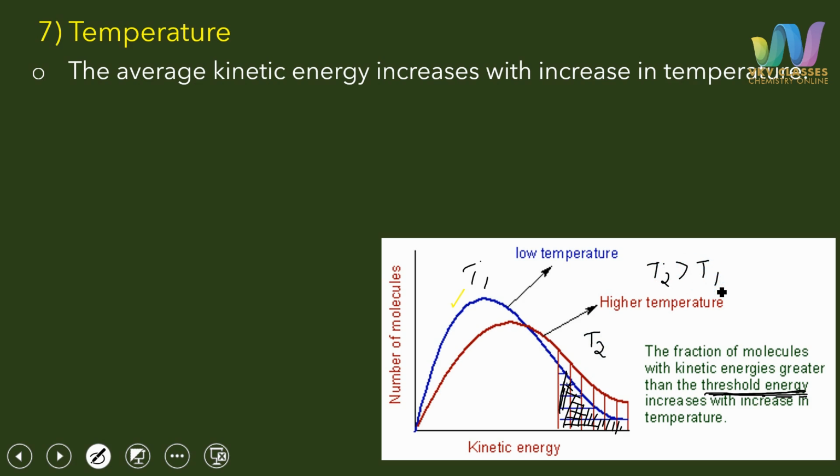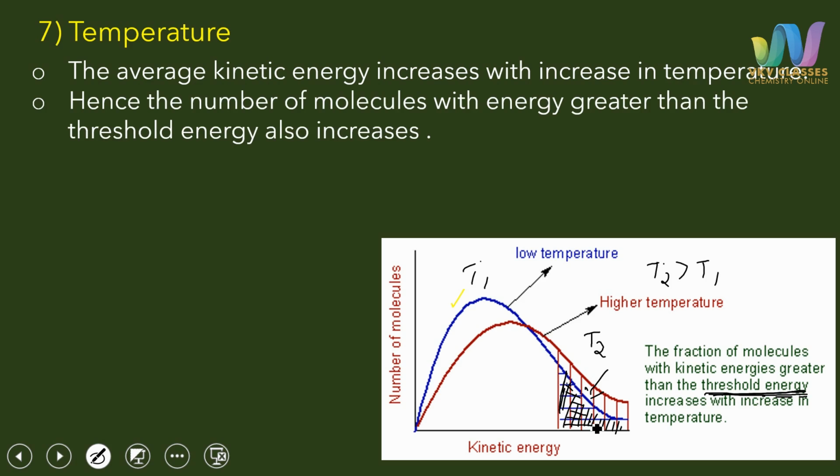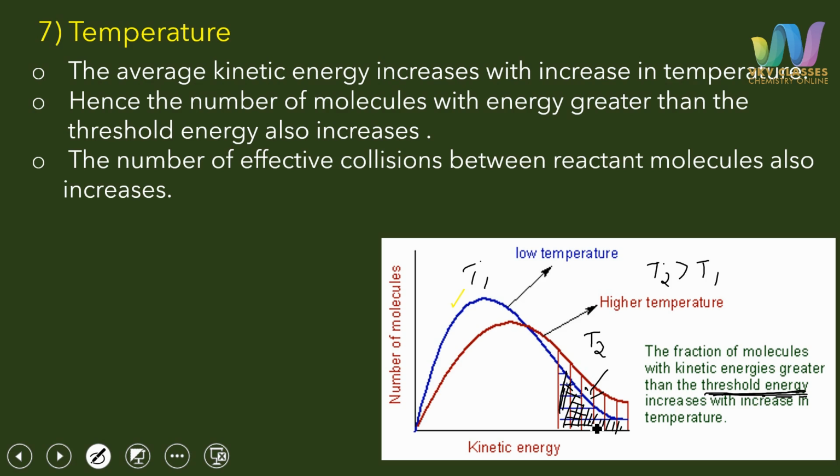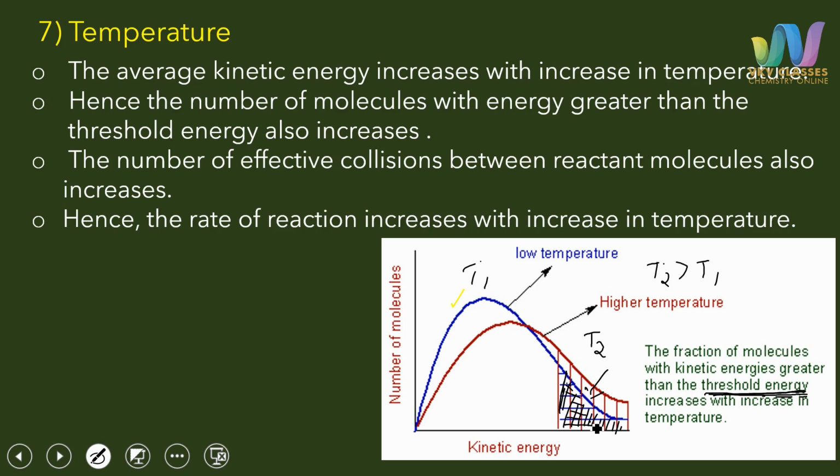So here, at a higher temperature, you can see that the fraction of molecules possessing threshold energy increases. That is, this shaded area plus this one represents the fraction of molecules having threshold energy. So, with increase in the temperature, number of molecules possessing the threshold energy increases. Hence, rate of reaction increases with increase in temperature.